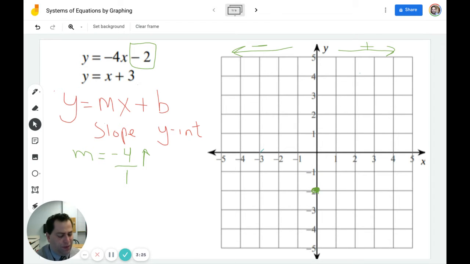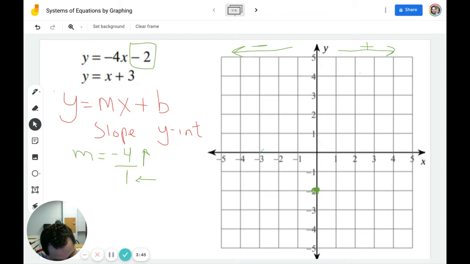So that's a good way to remember it. So from our negative 2 y-intercept, we're going to go up 4, and that's going to get us to positive 2. From positive 2, we're going to want to go to the left 1, and we're going to go to the left because it's negative.